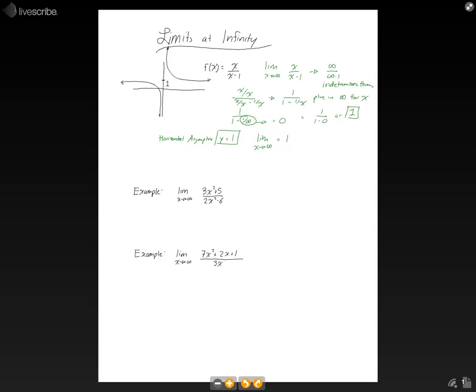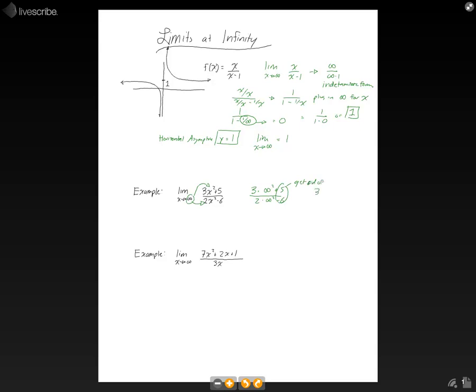Now, when we use substitution, we can plug in infinity in for x on the top and the bottom, and we'll get 3 times infinity squared plus 5 over 2 times infinity squared minus 6. Now, when we're talking about things on the scale of infinity, that 5 and that negative 6 don't really matter a lot, do they? So we can actually just get rid of them.